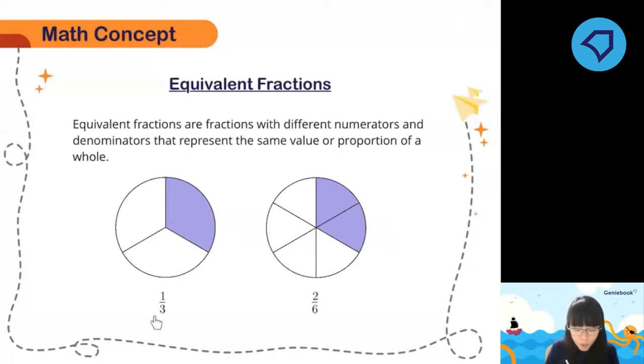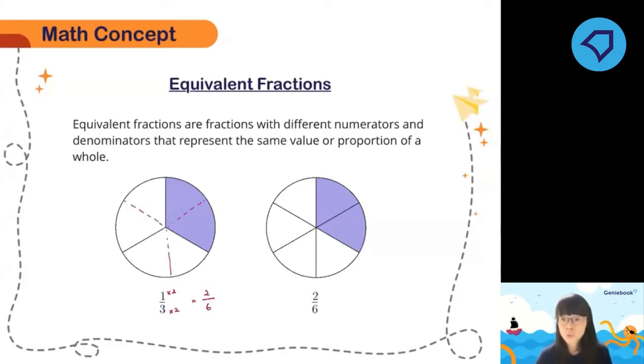So 1/3 is actually the simplest form of 2/6. So if I want to make them equivalent fractions, I have to divide by the same number, or I can multiply. If I take this times 2 and this times 2, I will get 2/6. Meaning every part, I just need to split into 2 parts.